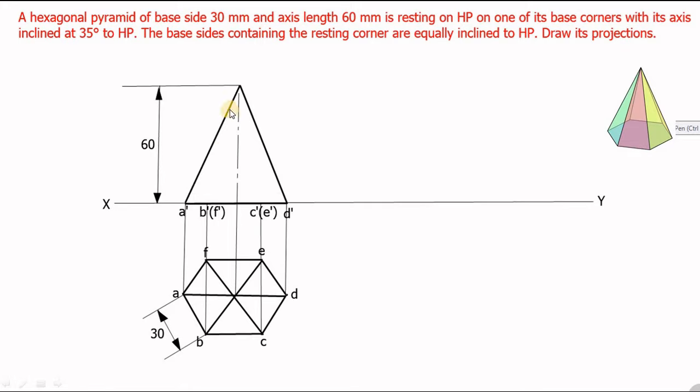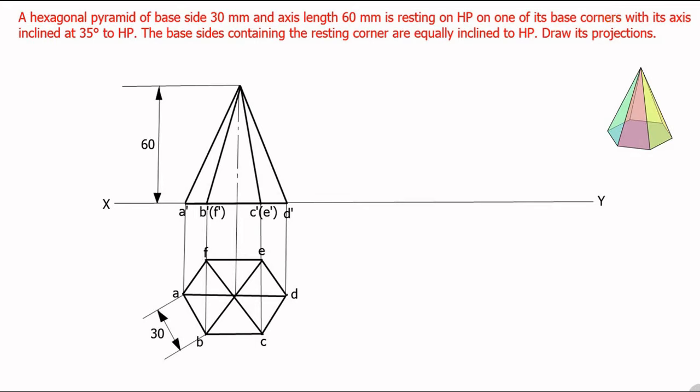From B dash, draw a slanting line connecting O dash. Similarly from C dash, draw a slanting line connecting O dash. So this is the simple projection for the hexagonal pyramid when it is resting on HP on one of its base corners. Clear?